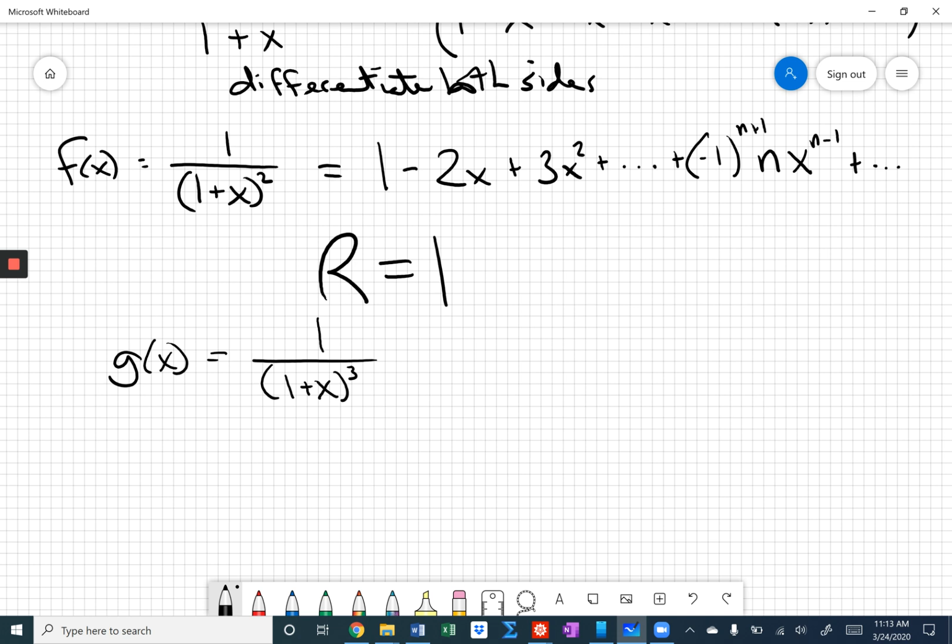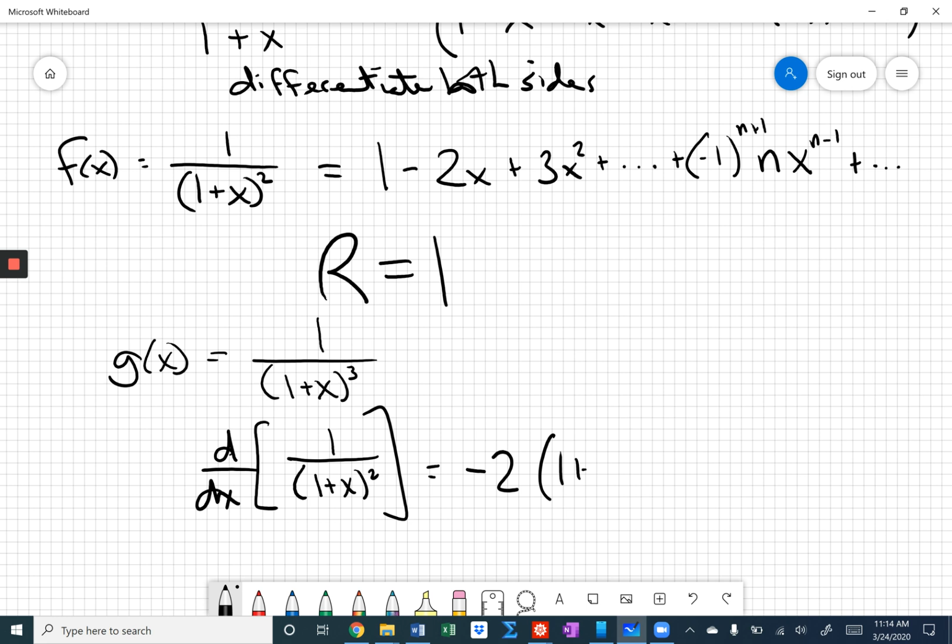Nonetheless, let's see here. If I take the derivative with respect to x of 1 over 1 plus x quantity squared, what do I get? A little mental work here. This is 1 plus x quantity to the negative 2. So take the derivative, bring down the negative 2 as a multiplier, and subtract 1 from the 2, you get a negative 3. I'll write that down here so you can see it.